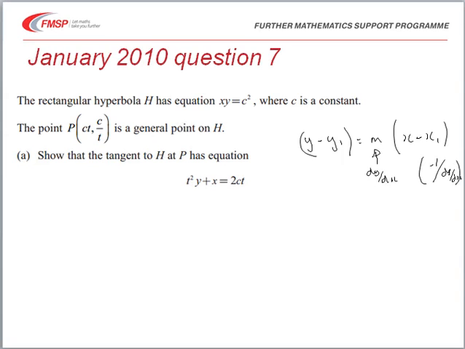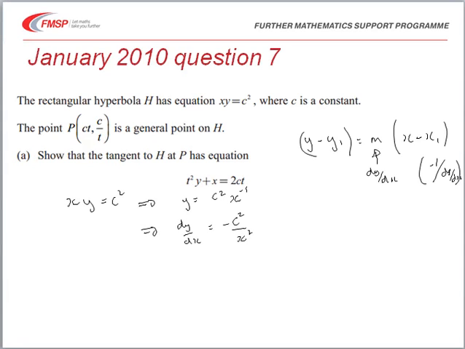So taking our equation for the hyperbola xy is equal to c squared, we can write that as y is equal to c squared divided by x, or c squared x to the power minus 1, and hence dy by dx is equal to negative c squared over x squared.